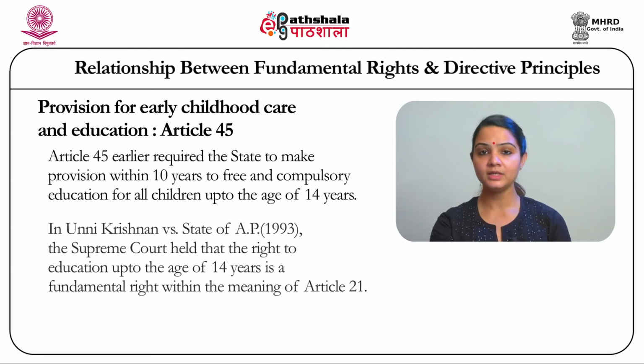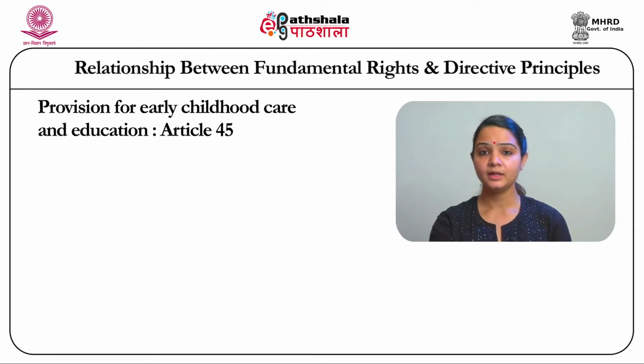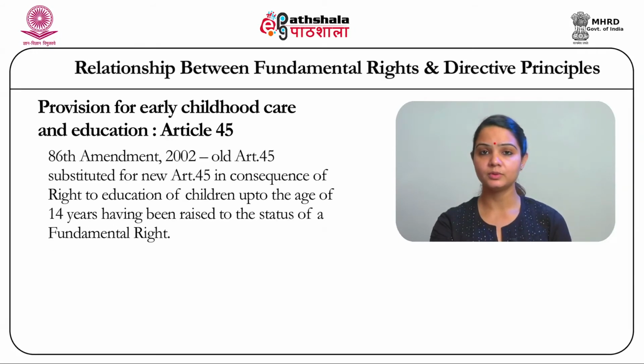In Unnikrishnan versus State of Andhra Pradesh, the Supreme Court held that the right to education of the children up to the age of 14 years is included in the right to life as enshrined in Article 21. Therefore, in 2002, by way of the 86th Amendment Act, Article 45 was substituted for the earlier one.